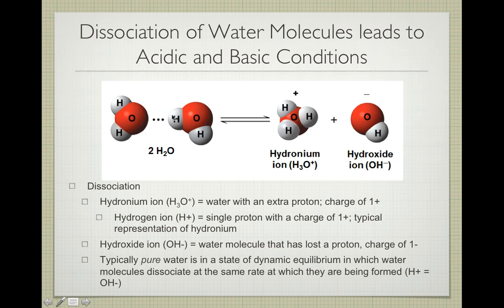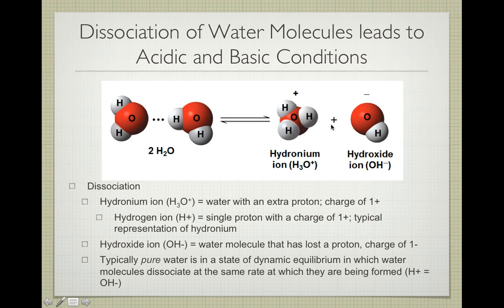And every now and again, that hydrogen bond will become strong enough to rip one of those hydrogens off and attach it to another water molecule. What we create is a hydronium ion. So there's an extra hydrogen nucleus, an extra plus. The other water molecule that lost its hydrogen hangs on to the hydrogen's electron and becomes this hydroxide ion, which is a minus. Okay, so plus and minus.